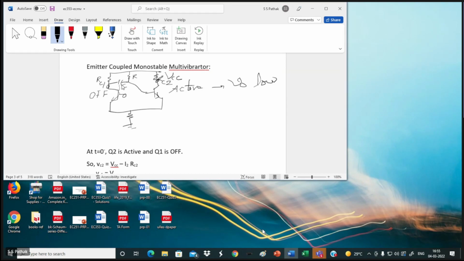It keeps on charging till this becomes something near V gamma, and when it becomes greater than V gamma, this becomes active.